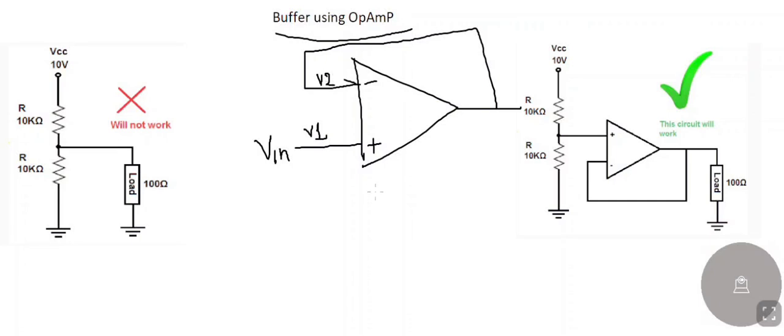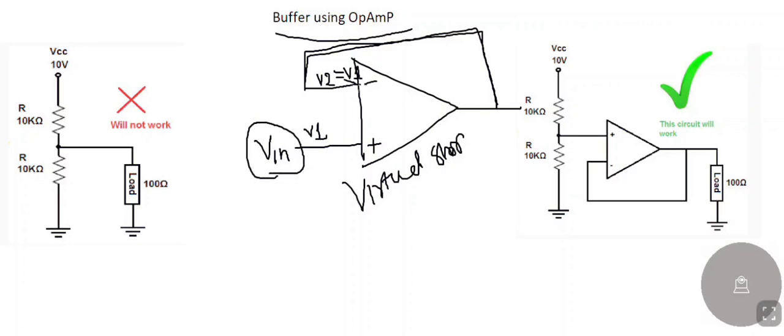Okay. So there is a principle of virtual short circuit. If I use that virtual short circuit and this is an ideal op amp, so this V2 is equal to V1, I can write. Okay. And because of this feedback, my output voltage will be V1.